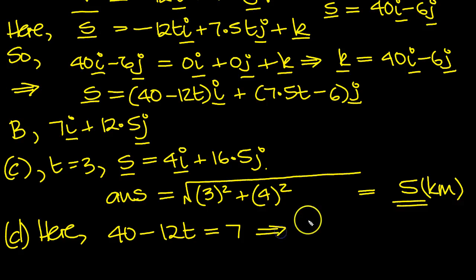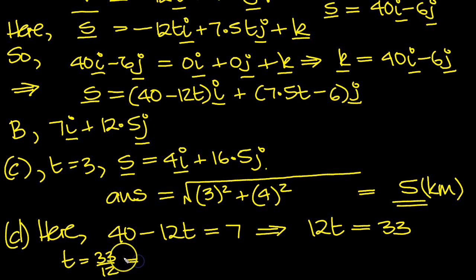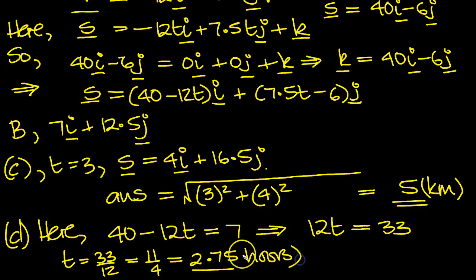So that tells us then that 12t, I move the 12t over here, move the 7 over, 40 minus 7 is 33. So t is equal to 33 over 12. Divide by 3, 11 over 4. It's 2.75, isn't it? 2 3/4. So that's the time, in hours, because we're measuring time in hours. 2 3/4 hours.